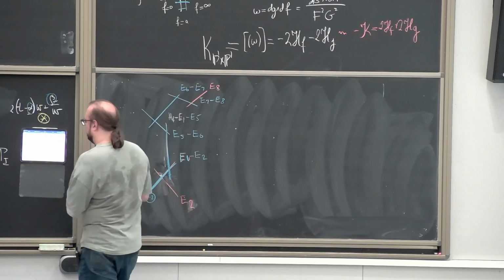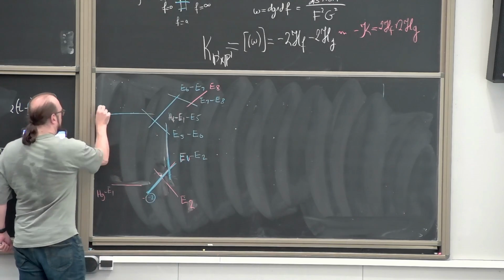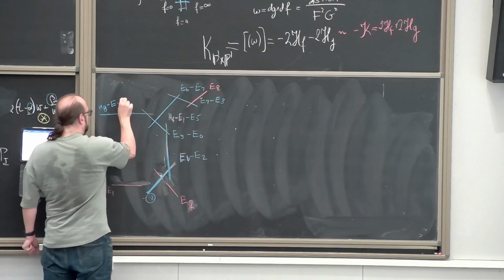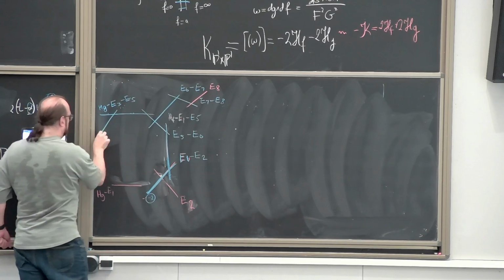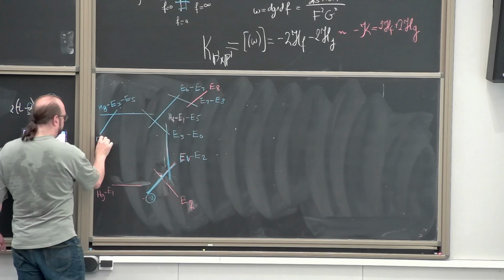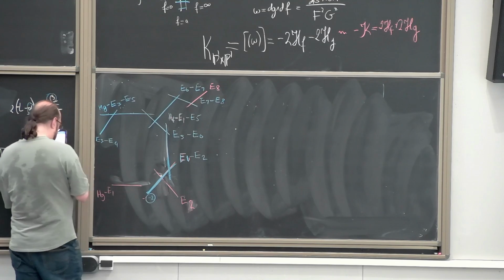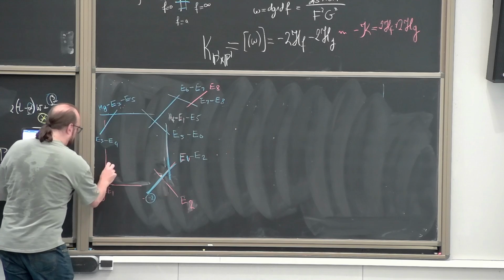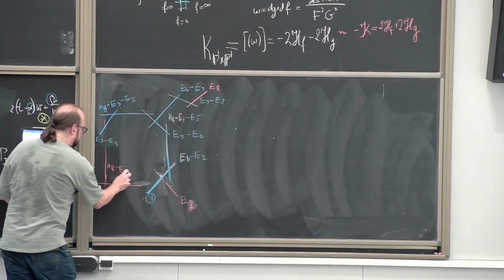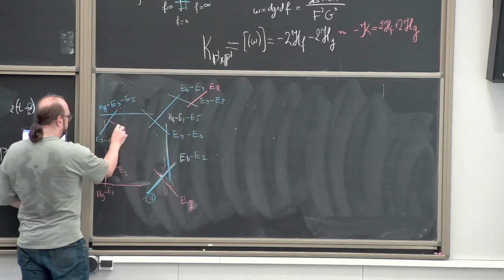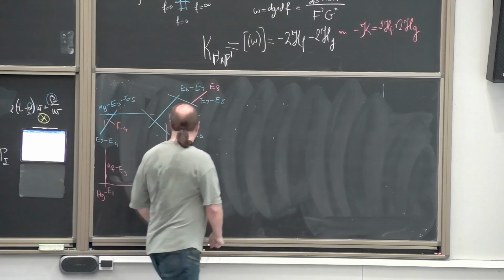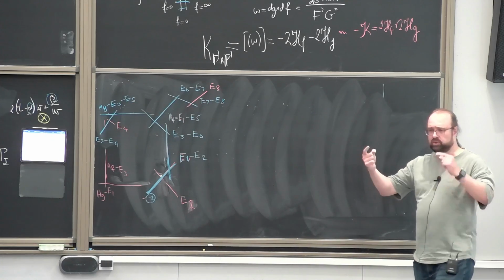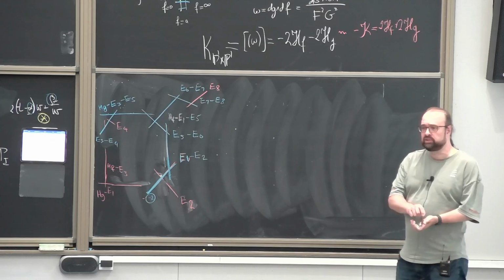Here you will have Hg minus E3, E3 minus E5, E3 minus E4. This one would be Hf minus E3, and here you will have E4. You get a diagram like this, where I color-coded red curves are -1 curves, and blue curves are -2 curves.